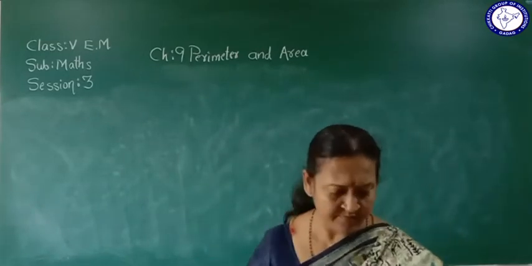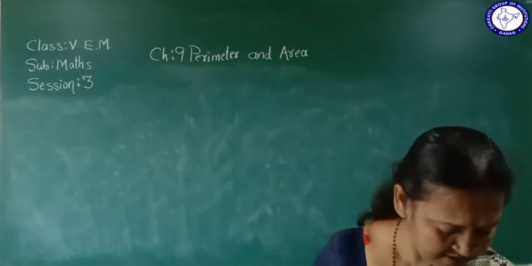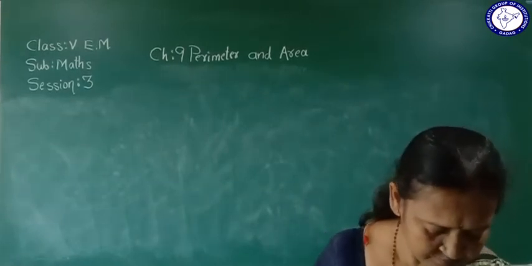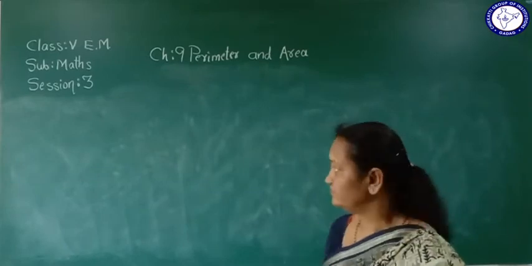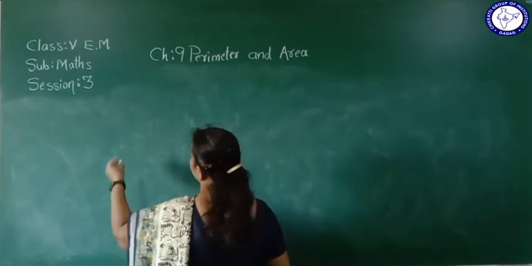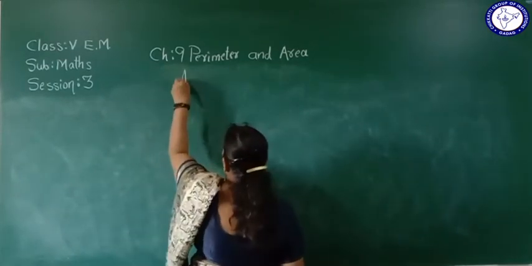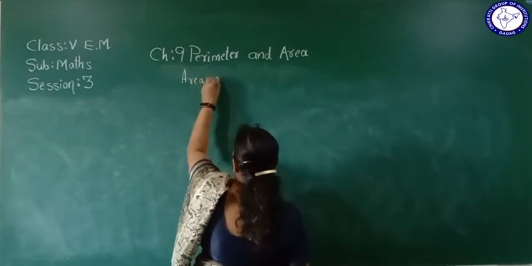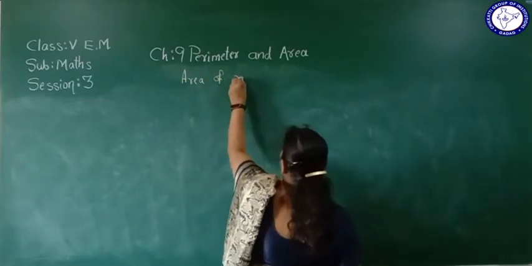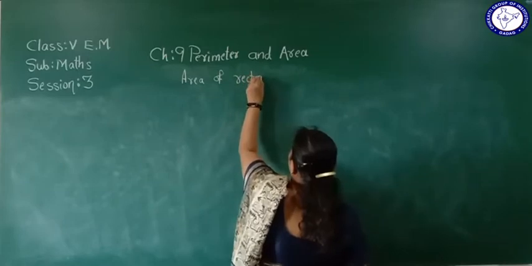Next is area of a rectangle. So here, area of rectangle.